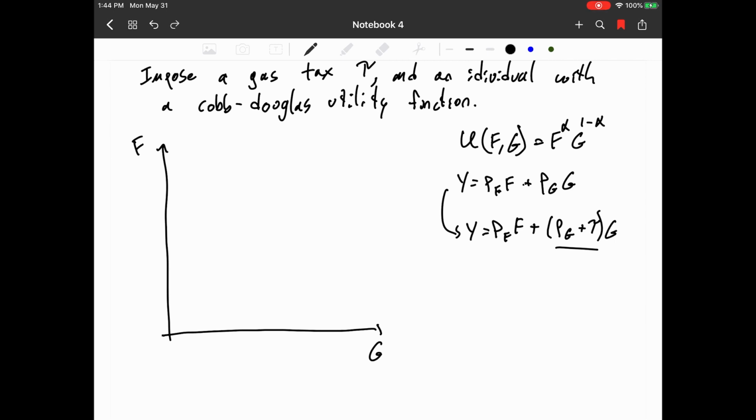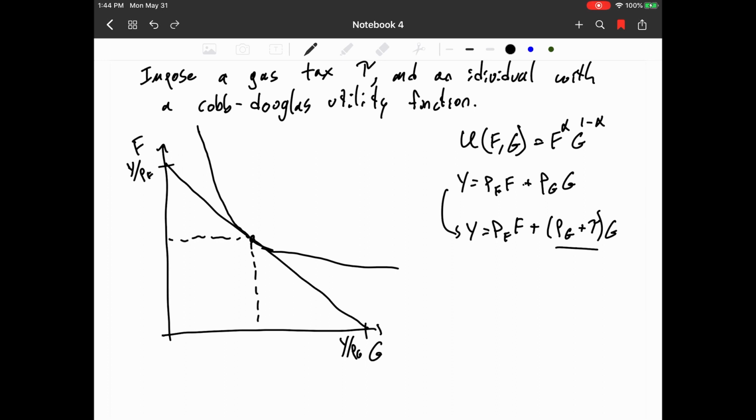Okay, so let's just set this up visually, and we'll come back to this problem. So we have y over pf. We have y over pg. And we have our indifference curve, which gives us our optimal bundle.